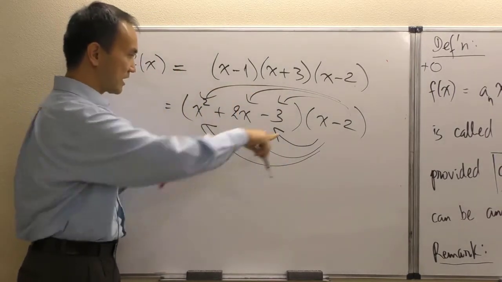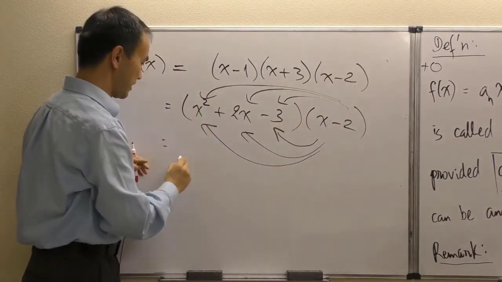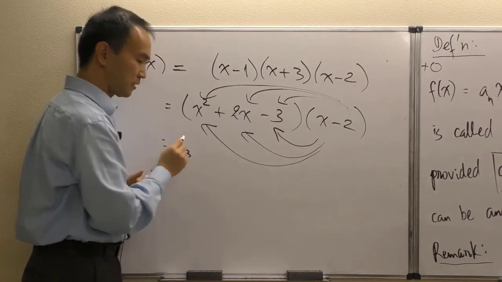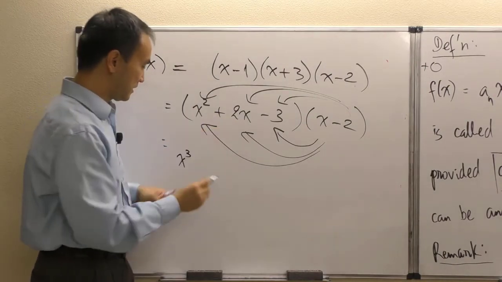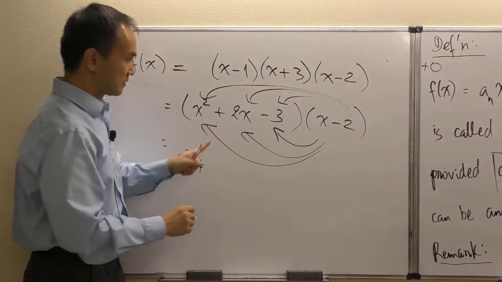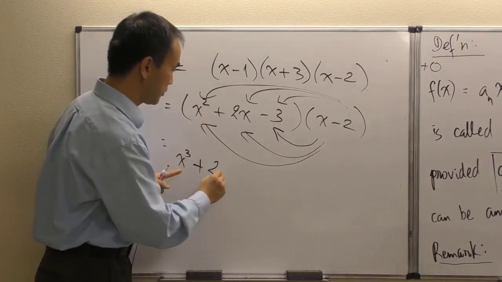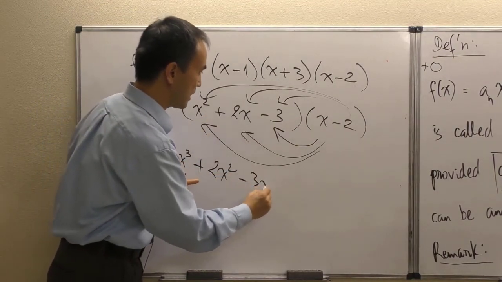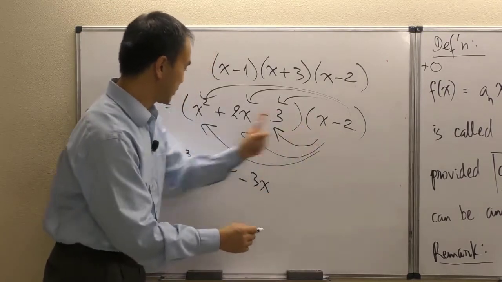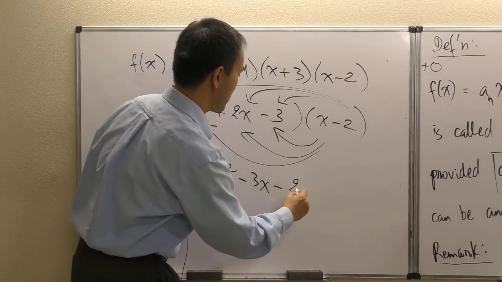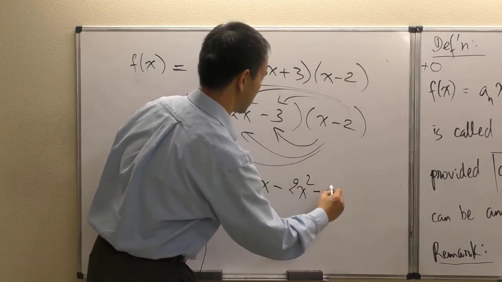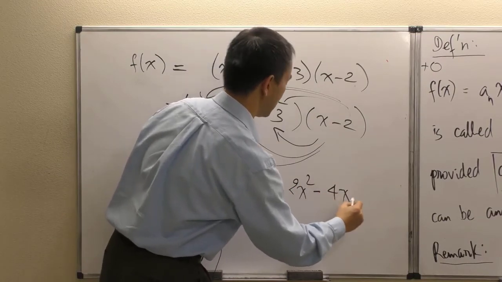So the x times the x squared gives me an x cubed, and then plus 2x squared minus 3x. And then that minus 2 gives minus 2x squared minus 4x and plus 6.